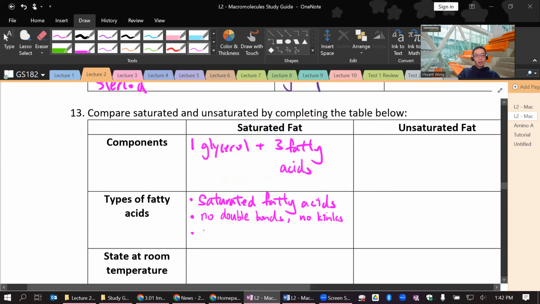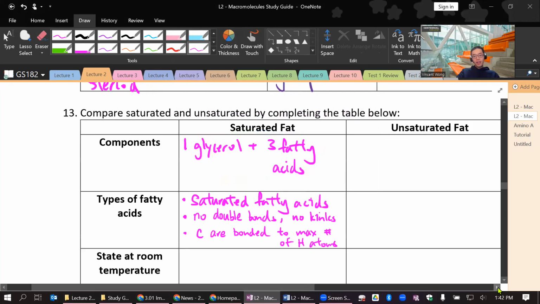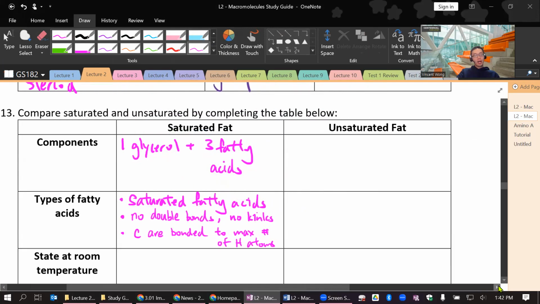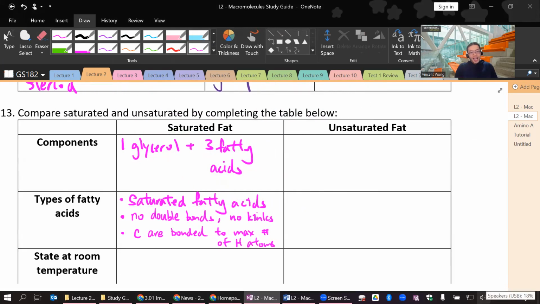And the carbons are bonded to the maximum number of hydrogen atoms. You cannot fit any more hydrogens onto the carbons. They are saturated with hydrogens. That's why they're called saturated fat, okay?